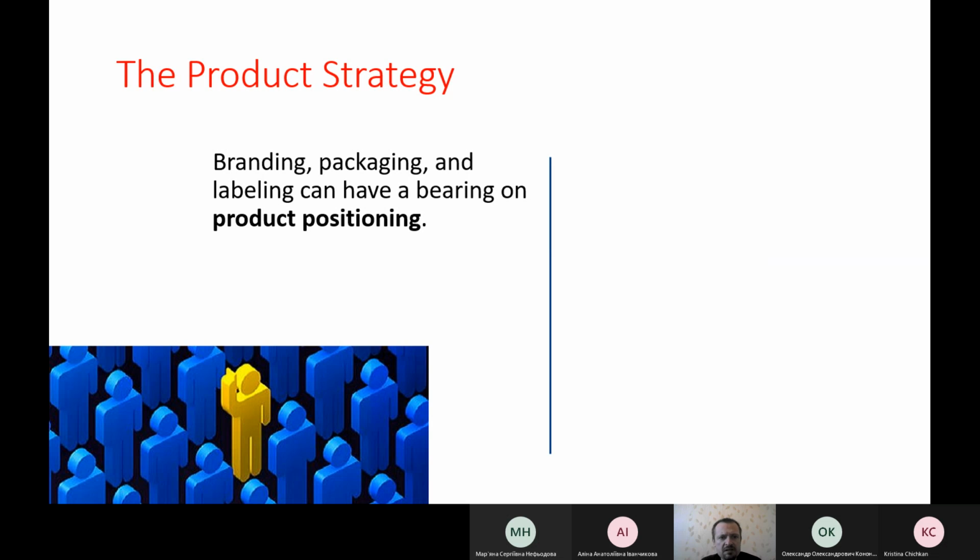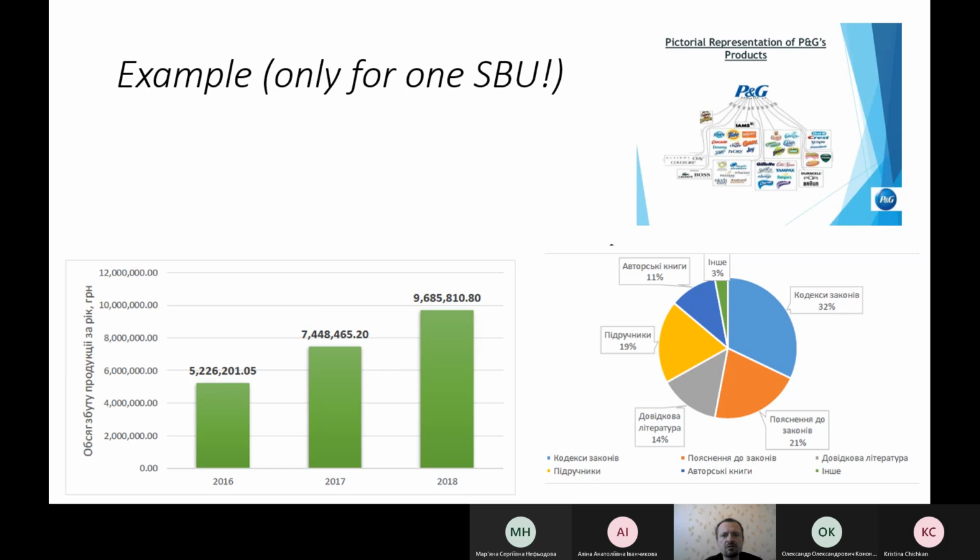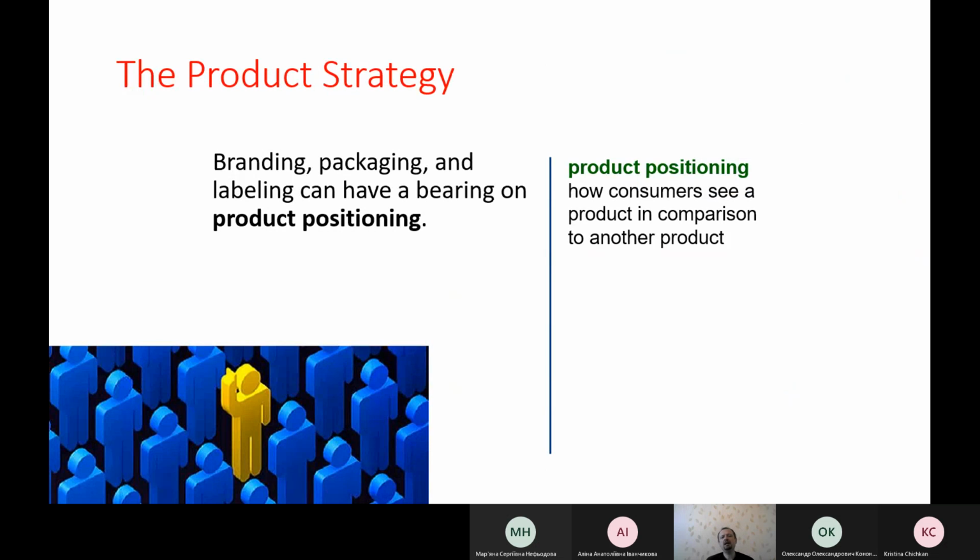I think this is the most important thing in your marketing chapter. You have to think, before preparing this small piece of information, why your product is better compared with the product of your competitors.